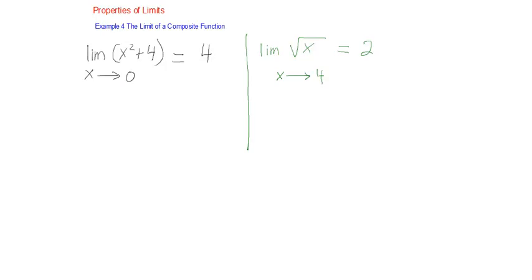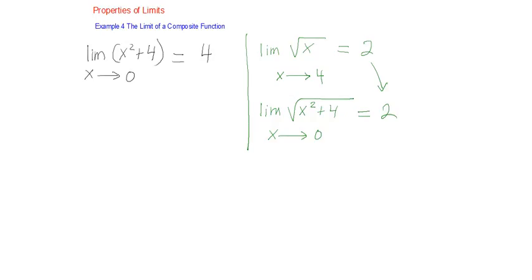So this means I can do this: the limit of this radical, but instead of the x, I put this whole thing in here, x squared plus 4, as x approaches now this value, 0. Then I know it's going to be the same thing as this one. It's going to be 2. And if you use direct substitution, yeah, it works. So 0 squared plus 4, radical of 4 is 2.